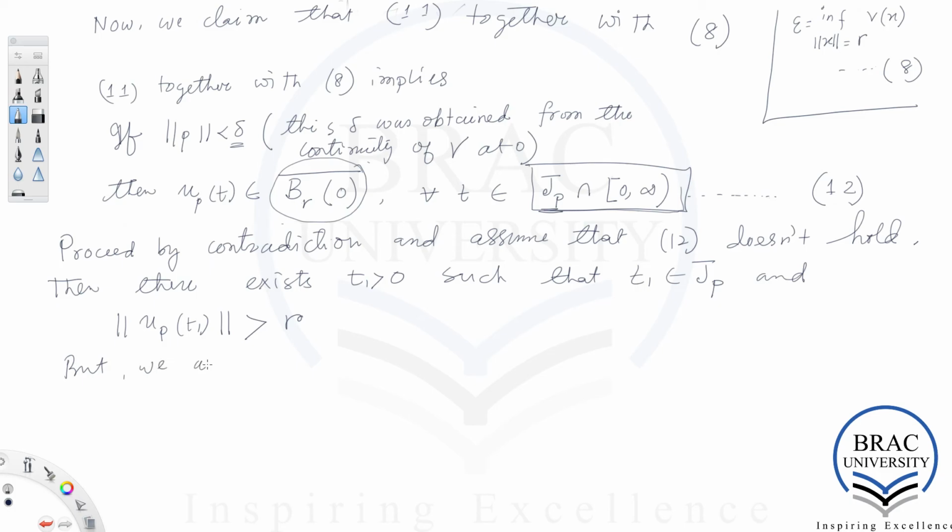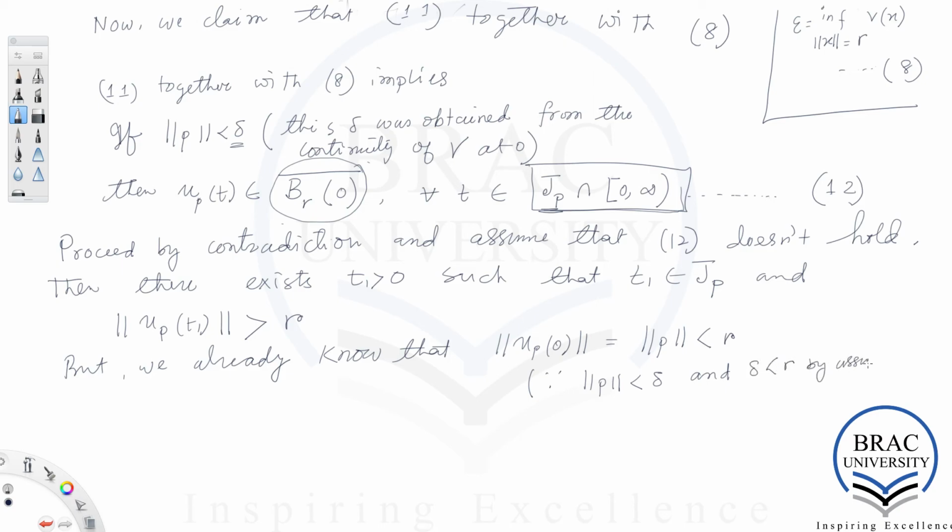But we already know that norm of UP at 0 is equal to norm of P, and norm of P is less than R. Why is it the case? Since norm of P is chosen to be less than delta, and delta is less than R by assumption.